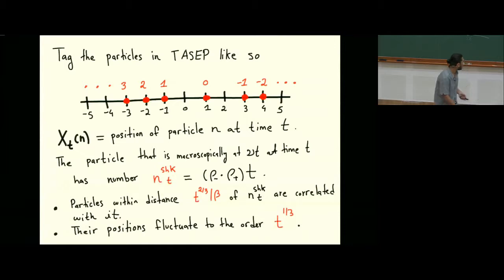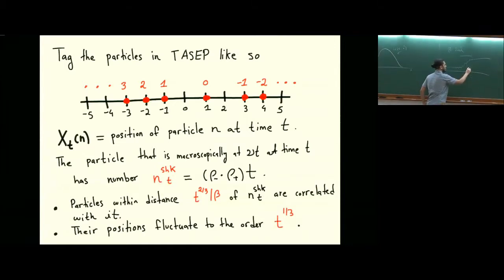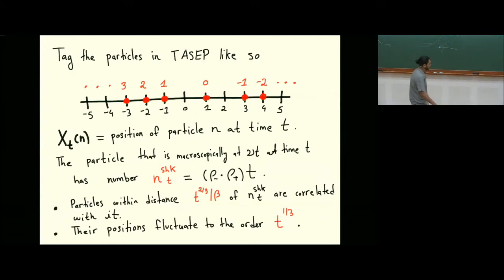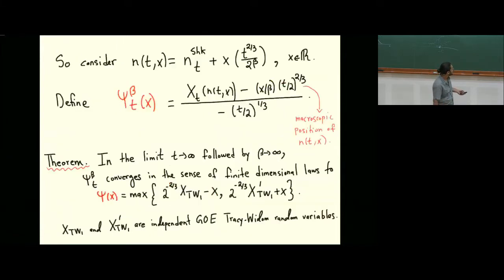And the particles are fluctuating, of course. So x at t of n shock is here, but it has some fluctuations, and these fluctuations are of order t to the 1/3. These are the kind of exponents that you also observe in random matrix theory, so there will be some random matrix laws. Is that clear? Okay.